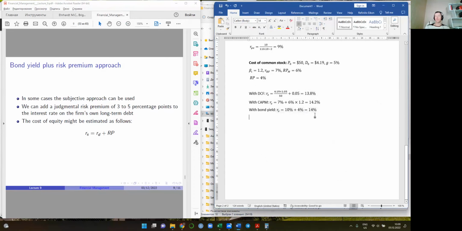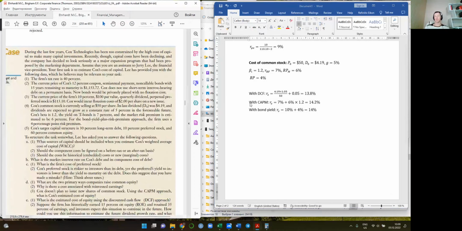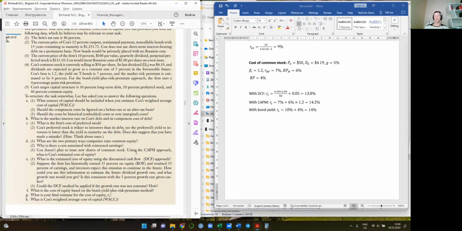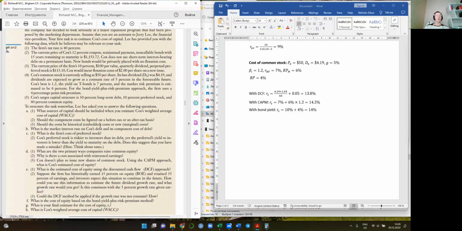So all three methods give us more or less similar answers, and usually in practice there is no one specific method for estimating the cost of equity. We may get different answers here. So finally, the weighted average cost of capital might be calculated with the following information.